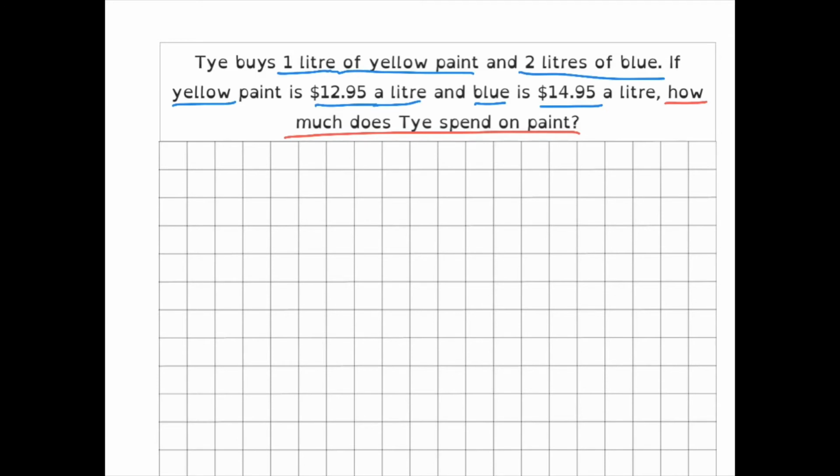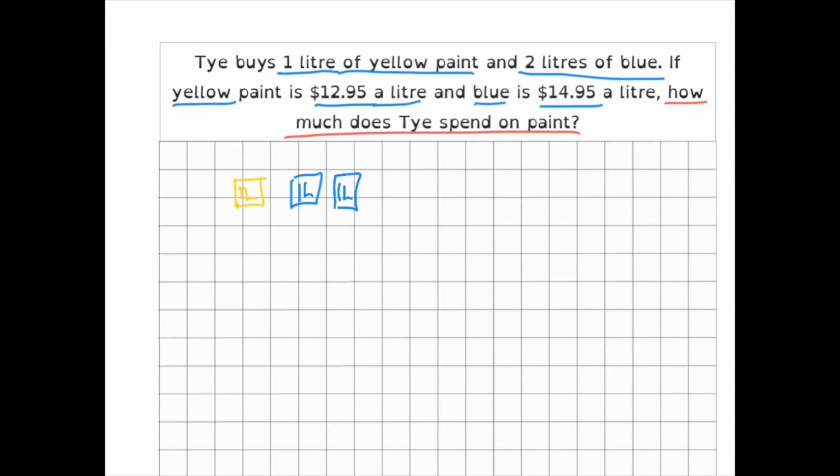So we're thinking through the FISH strategy, we're up to S. So what strategies are we going to use? Sometimes it's handy to draw a little picture so that you know what you're trying to imagine. So we're just imagining that's 1 litre of yellow paint and 2 litres of blue paint.